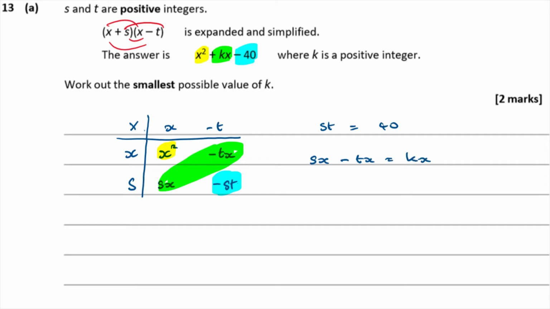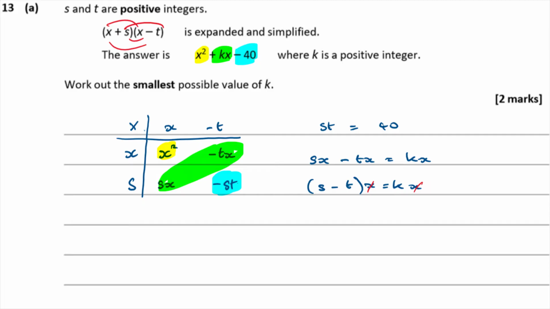Now sx minus tx has got x in common, so I can factorize the x out. So s minus t, x is equal to kx. Cancelling x's.